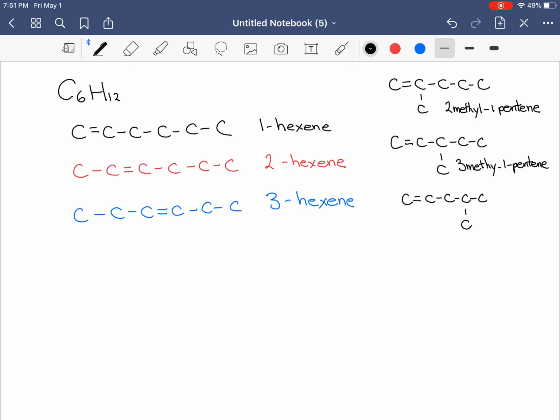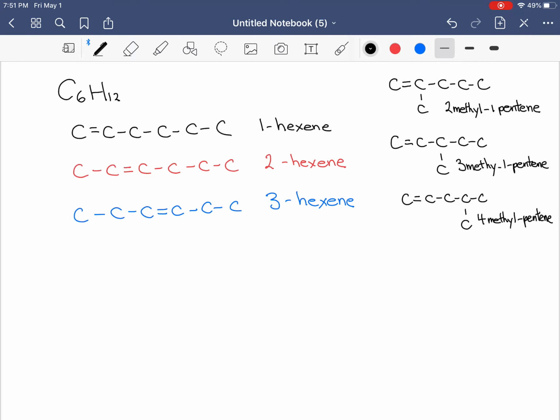Because it is very different here. This is not the same as this. Oh no. Okay, this is called 4-methyl-1-pentene. Okay, so that's 6 isomers altogether already.